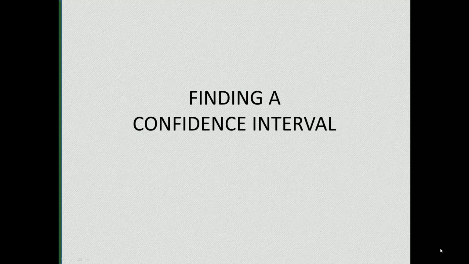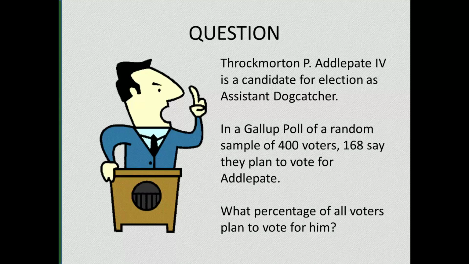In this video, we look at the computations needed for finding a confidence interval. Recall our example problem. Throckmorton P. Adderpate IV was a candidate for the distinguished office of assistant dog catcher.